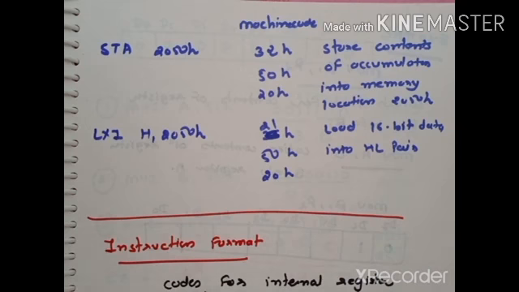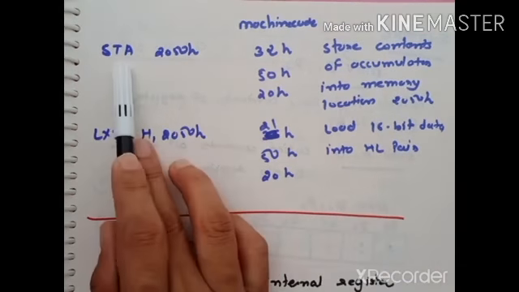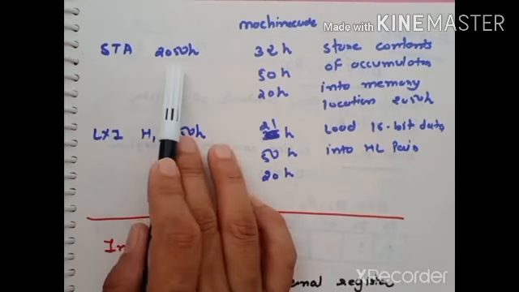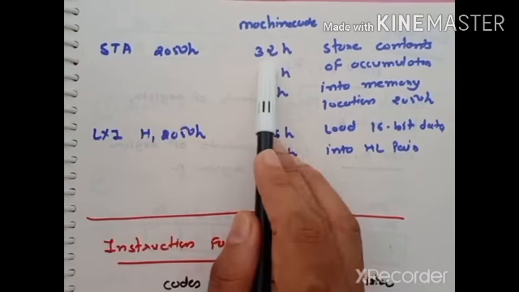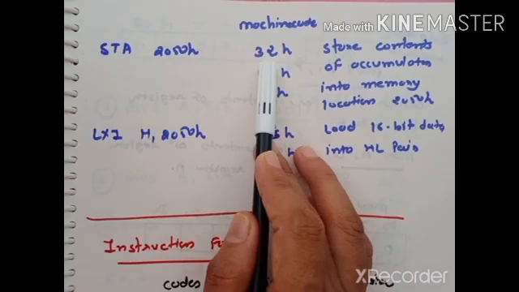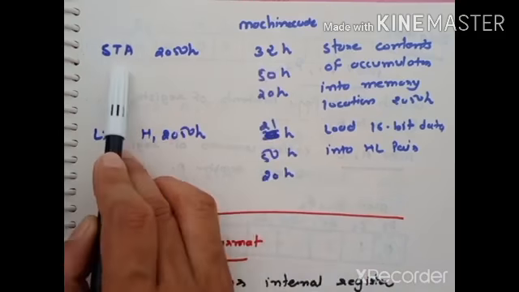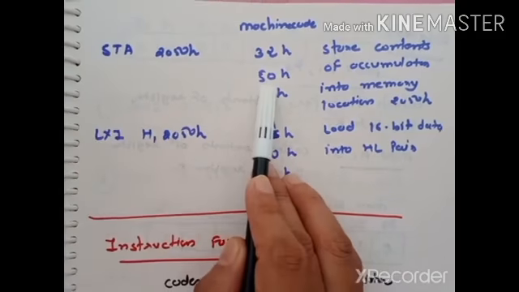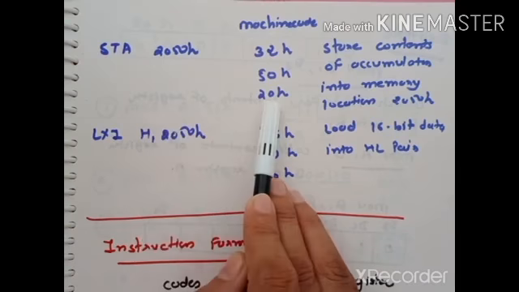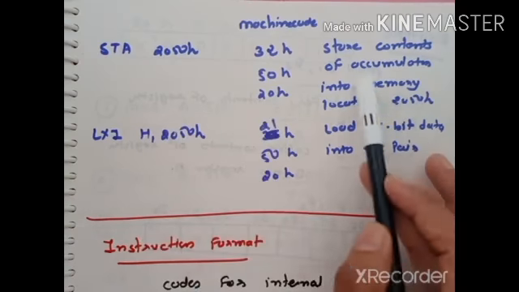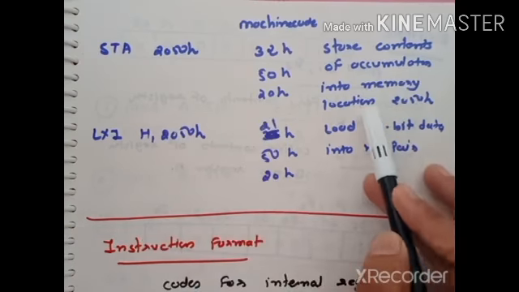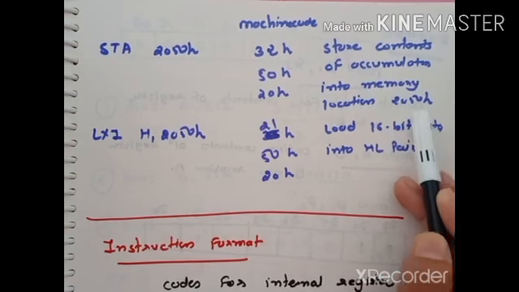Another example of a 3 byte instruction is STA 2050. In this, the first location stores 32H, the hex code of the STA instruction, then 50H and 20H. It stores the content of the accumulator into memory location 2050.